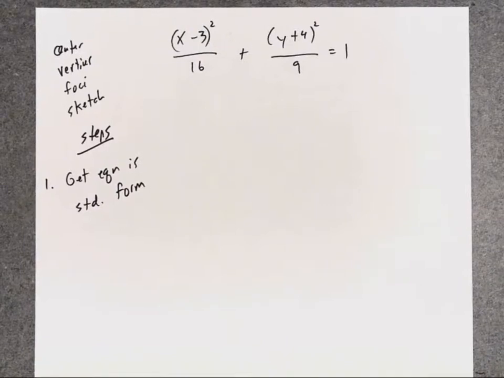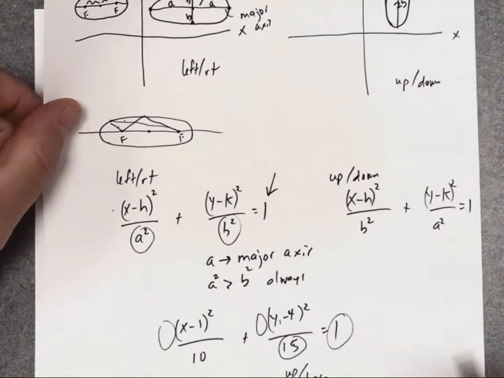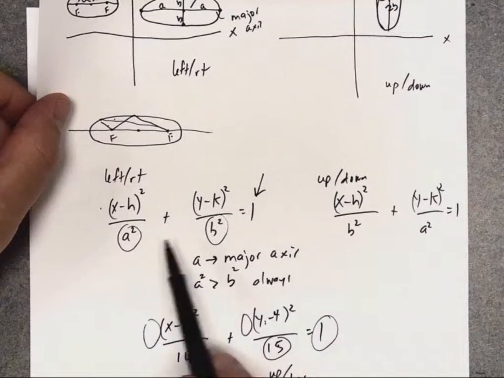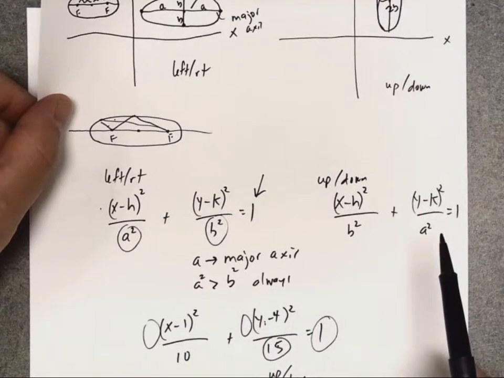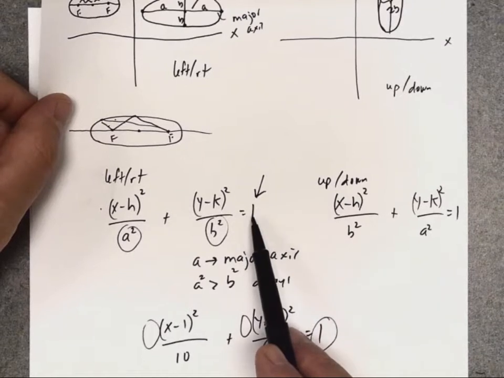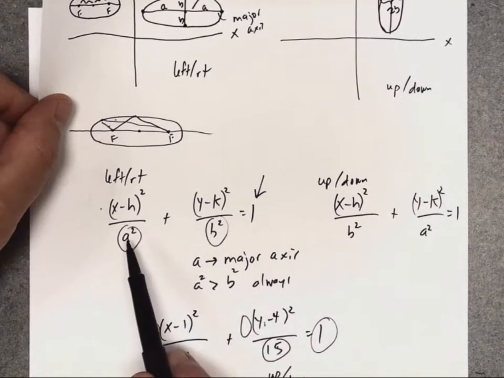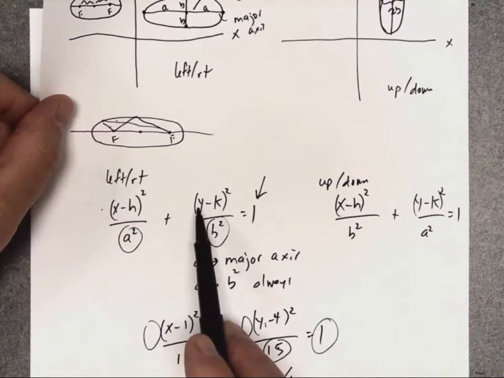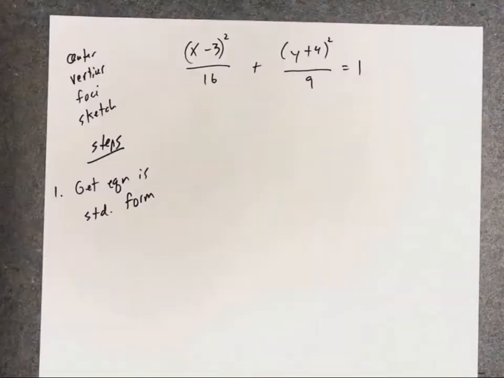All right, so you're given an equation. The first thing you have to do is you have to realize what the standard form of the ellipse is, and there's 2 possibilities. There's a left or right or an up or down. These are the standard equations. Once again, I'll say it again. The key is the one side equals 1. You've got numbers in the denominator of the fraction, no coefficients in front of the parentheses.